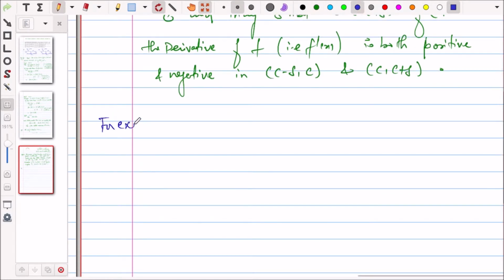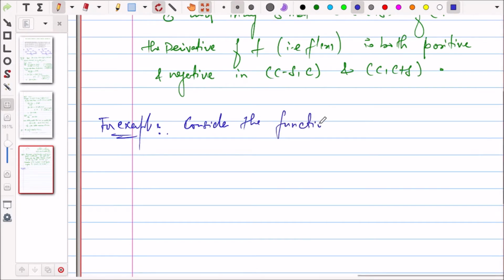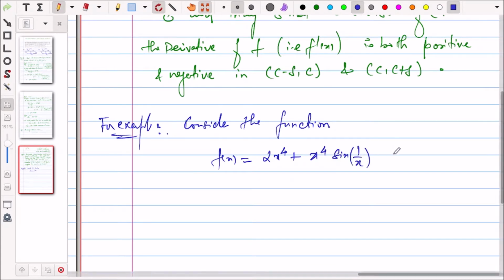So for example, consider the function f of x equal to 2x to the power 4 plus x to the power 4 sine 1 by x when x is not equal to 0, and 0 if x is equal to 0.